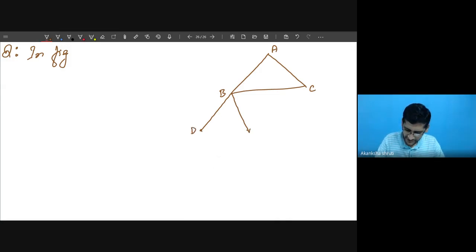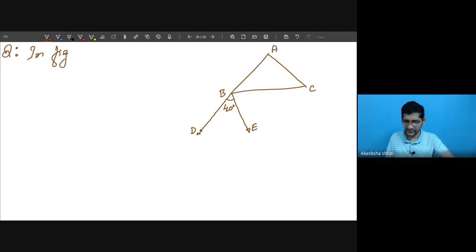Consider this point as D and this point as E. Whatever this angle is, let me take this as 40 degrees.